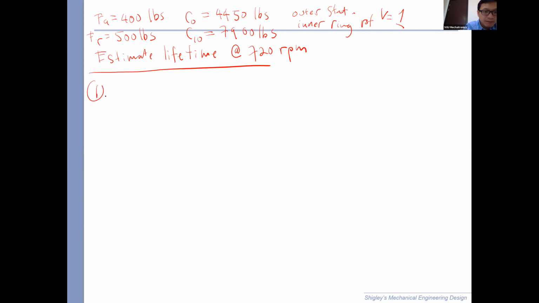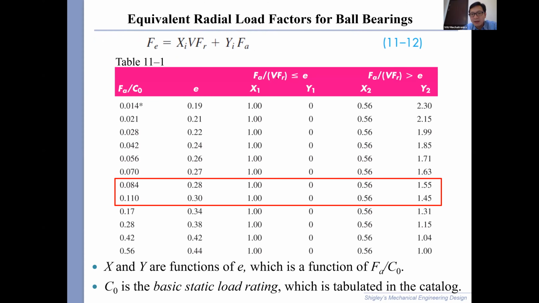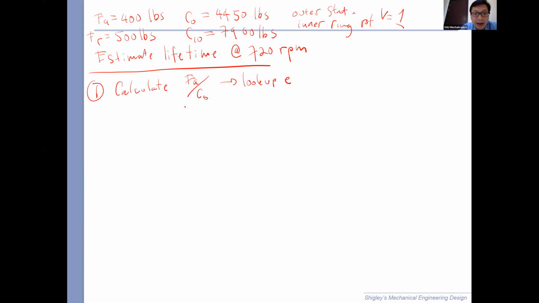So the first step is to calculate FA over C0, and we're going to use this to look up E. Here is a table where we will look up E. First, we calculate FA divided by C0, which is 400 divided by 4450.